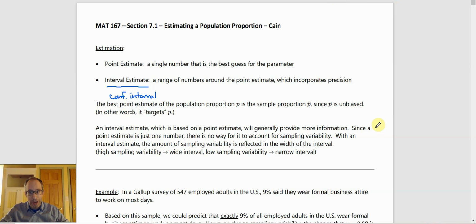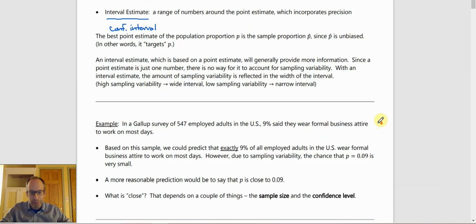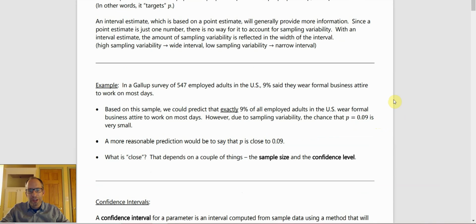That's what you'd expect, that it would be close. Okay, what's close? How close do you have to be? If it's a proportion, is within 0.02 close? Is within 0.04 close? What's close enough? So with a confidence interval, we can sort of quantify that idea.